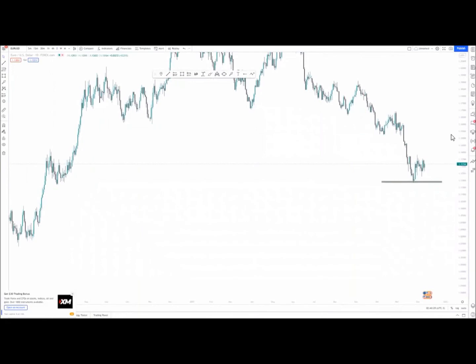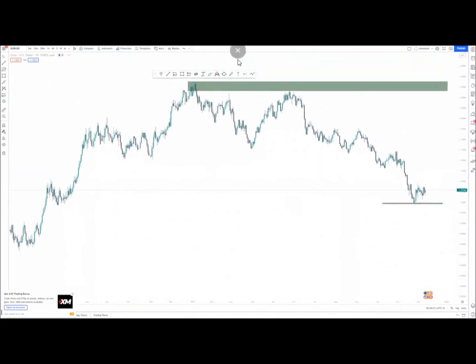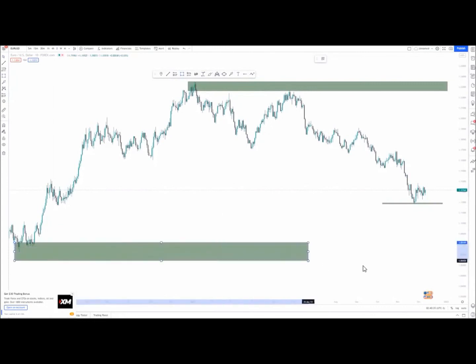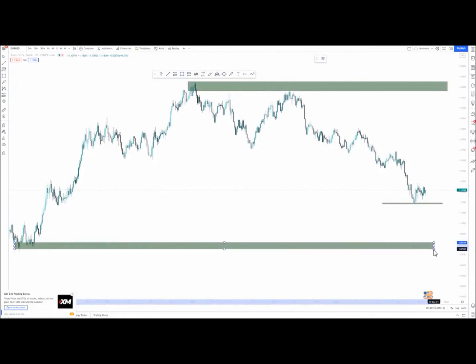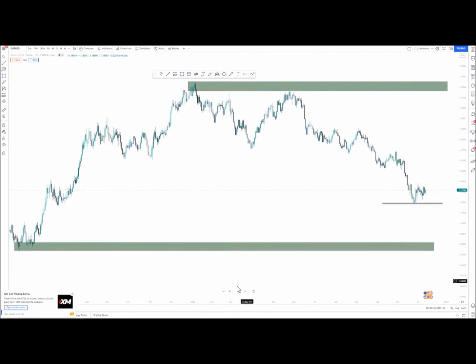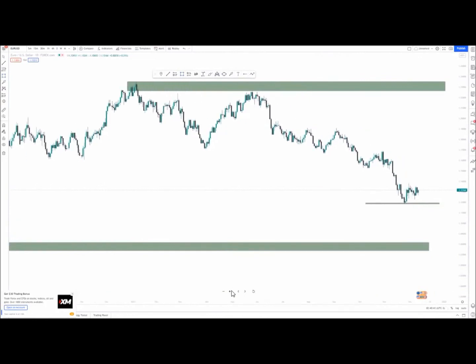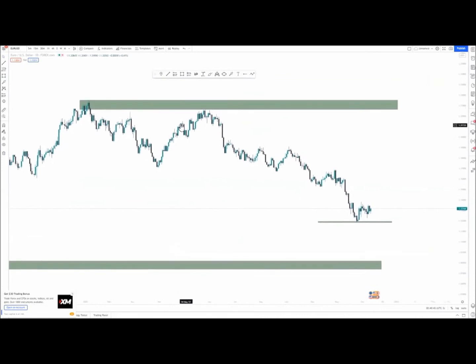Now that's not my lowest low. Here's my lowest low, guys. See, there's my lowest low. So the point that I highlighted, let's just say, is where the market is right now. From here, which is the daily, I have to go to the 4 hour.